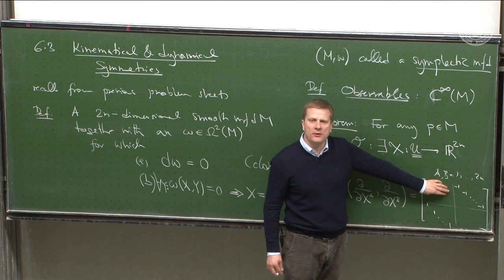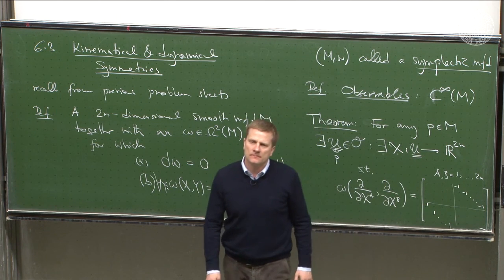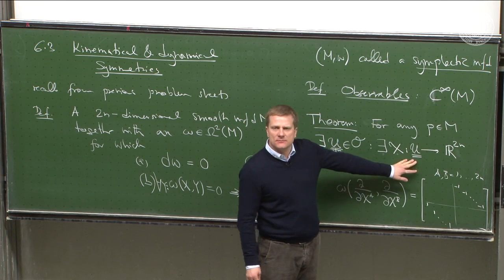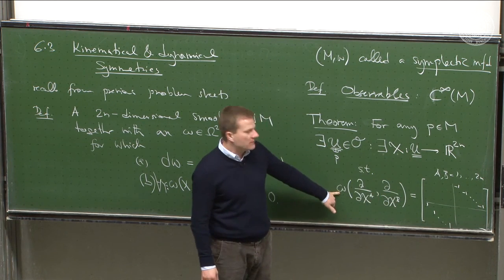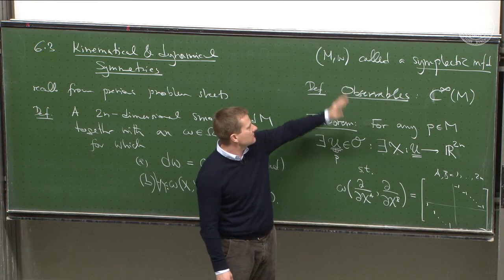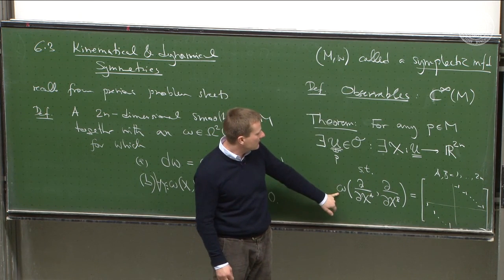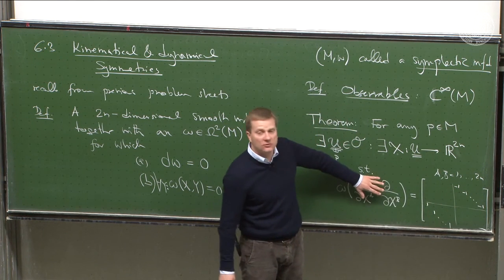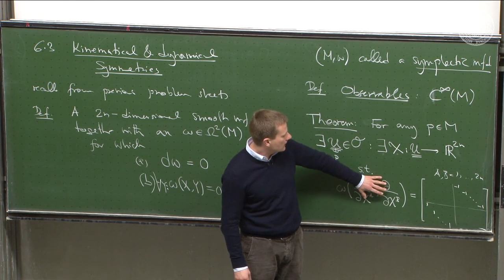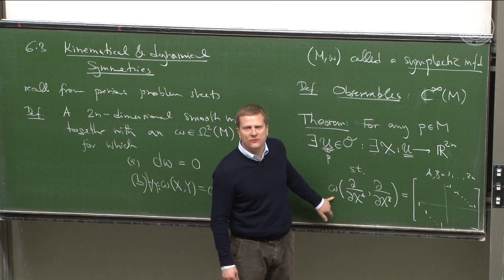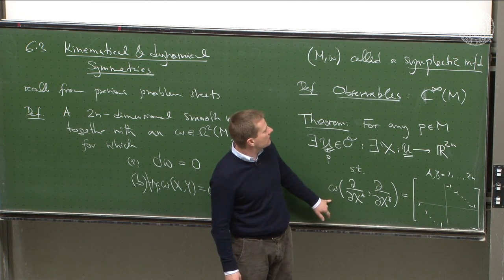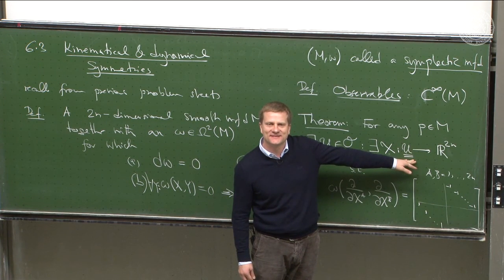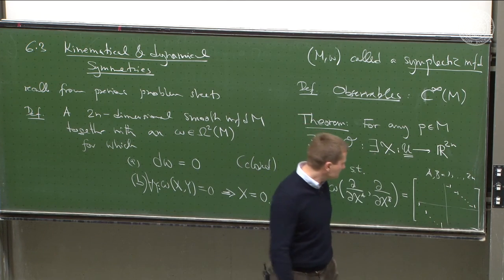You could do this at a point but not in an extended region. And whenever there is a coordinate system in an extended region such that the geometric structure you have, that's a tensor field you equip the manifold with, has constant components with respect to a coordinate system, then we call the manifold flat. So one statement here could be: a symplectic manifold is locally always flat. Right? So, okay.